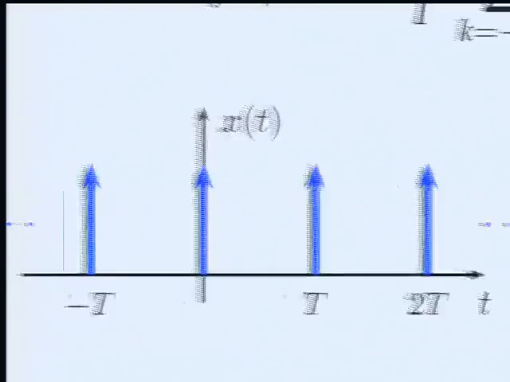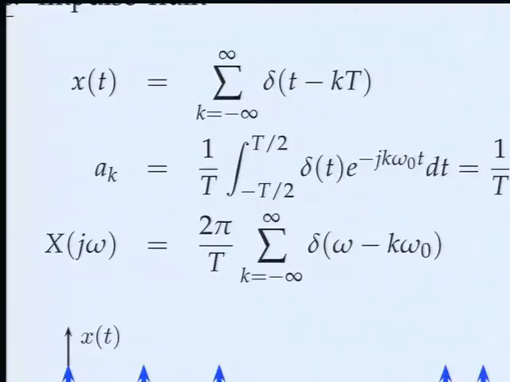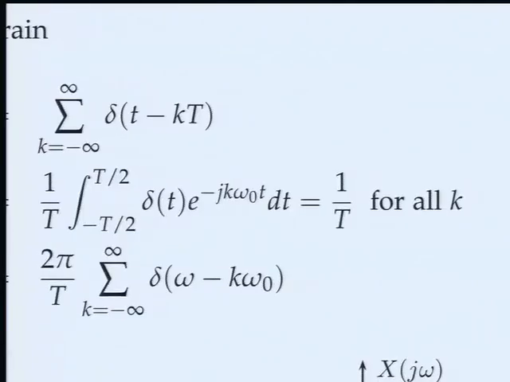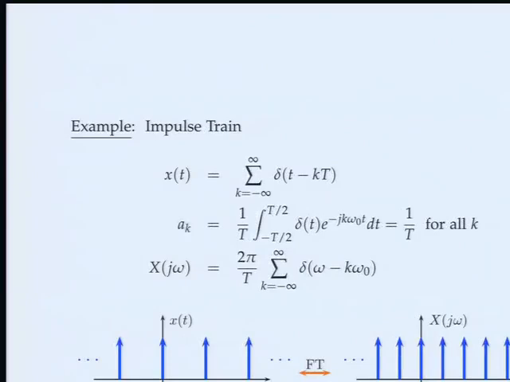So this being a periodic function, we can actually technically apply the Fourier series definitions to it. And you can find the Fourier integrating over one period. You find that the Fourier coefficient a sub k is 1 over T, and it doesn't even depend on k, right? So this is the Fourier series. All Fourier coefficients for an impulse train are equal to 1 over T.